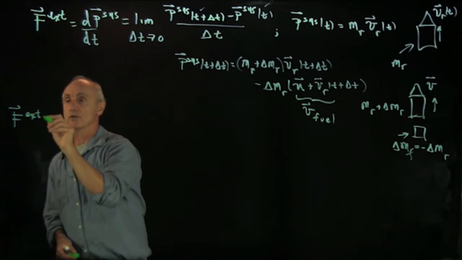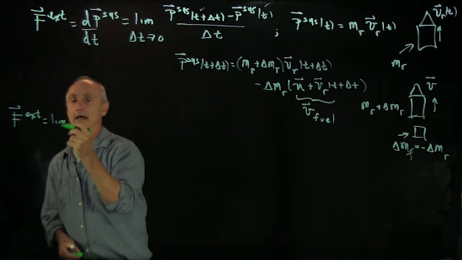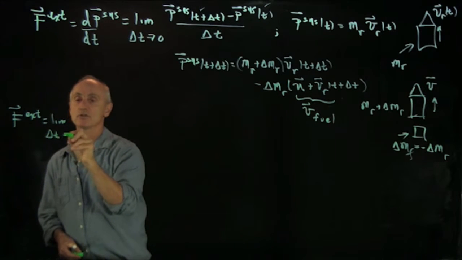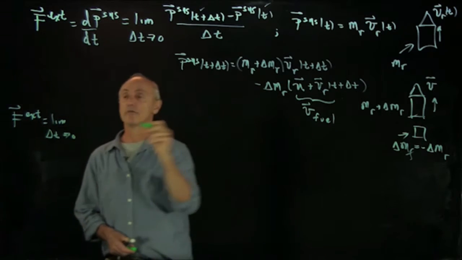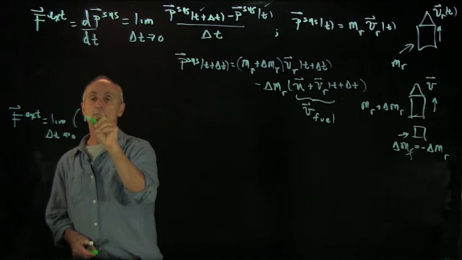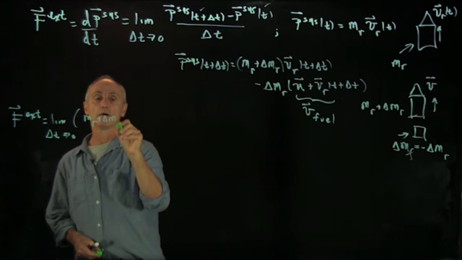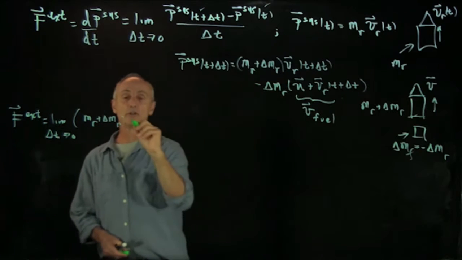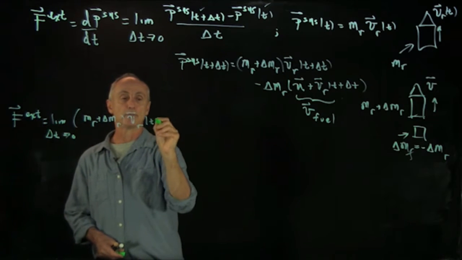So now this will be a big expression. We'll write external force is the limit as delta t goes to 0. Now here, our first term is mr plus delta mr times the velocity of the rocket at time t plus delta t.